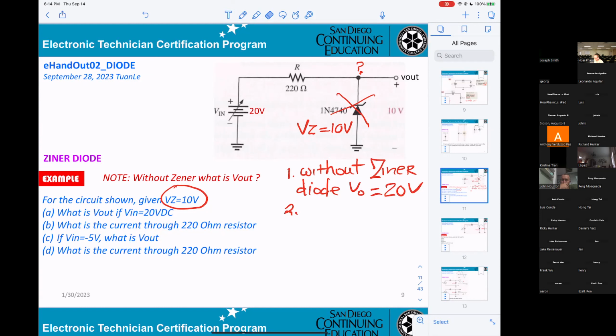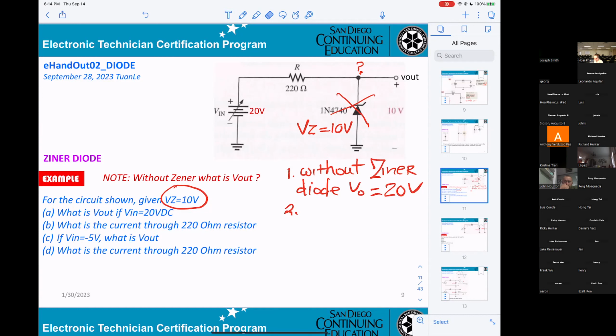Okay. Mr. Pham, the input voltage is 20 and the Zener is manufactured such that it's supposed to stop at 10. So it's in breakdown. Okay.